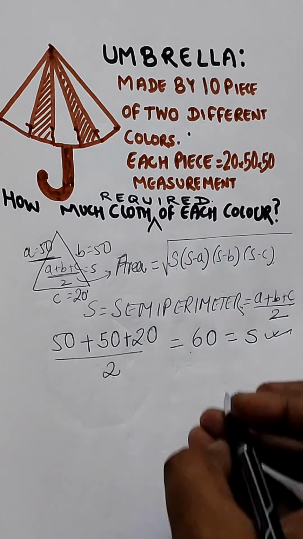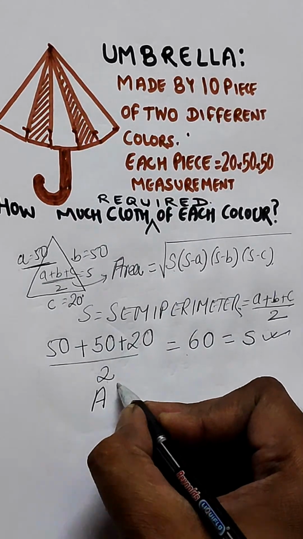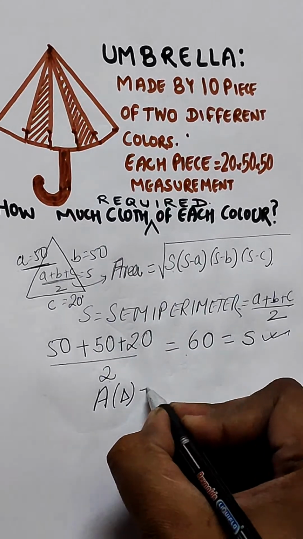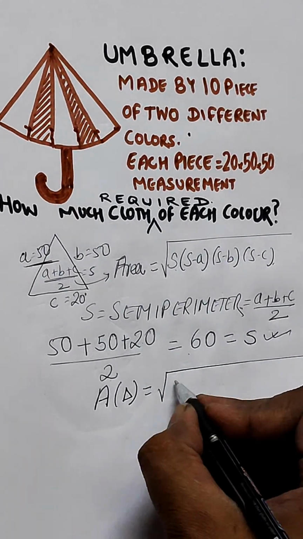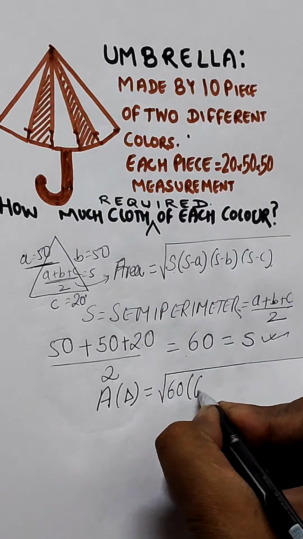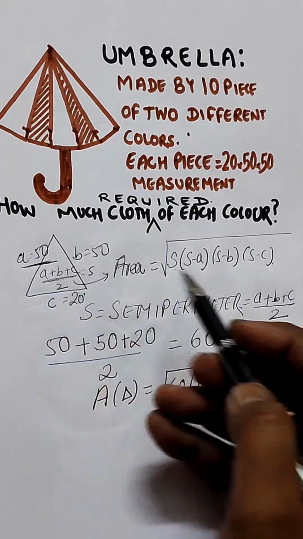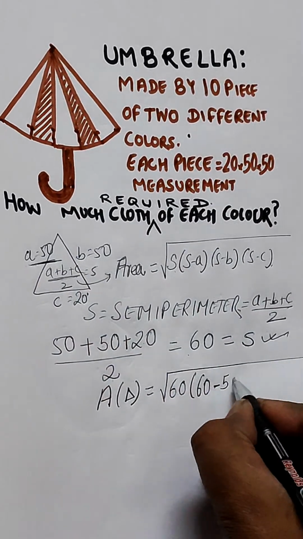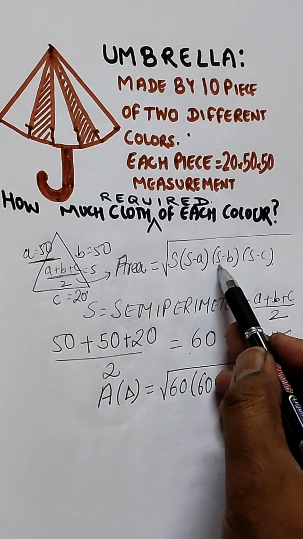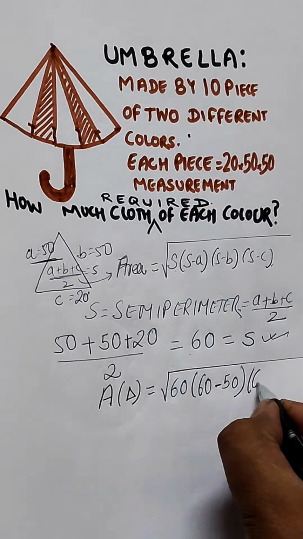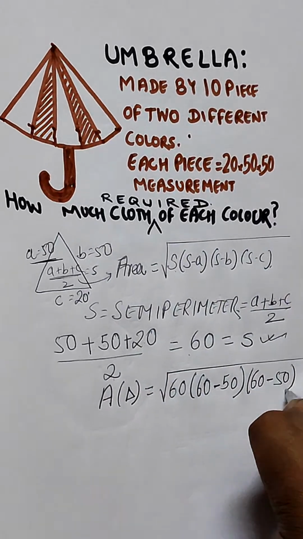Okay. Now this is the semi-perimeter. So the area of one of the triangles is calculated as root over of S, that means 60 into 60 minus A. What is the value of A? 50. You can see 60 minus 50. Then the second term, S minus B, that will be 60 minus 50, right?